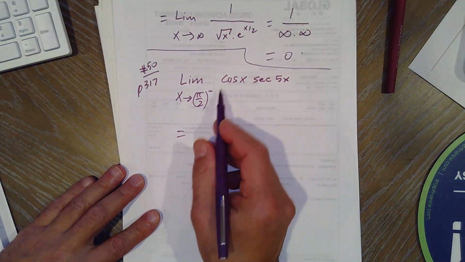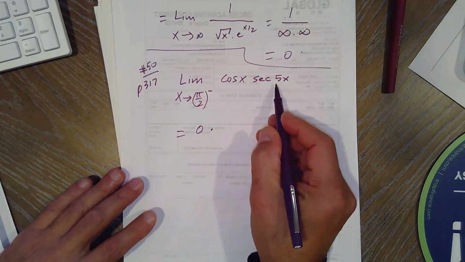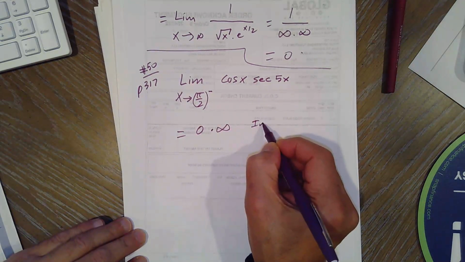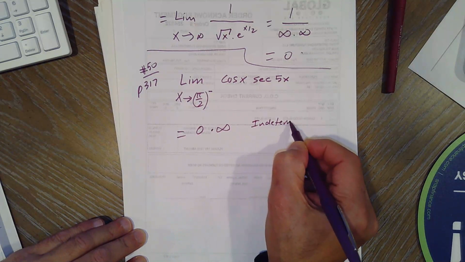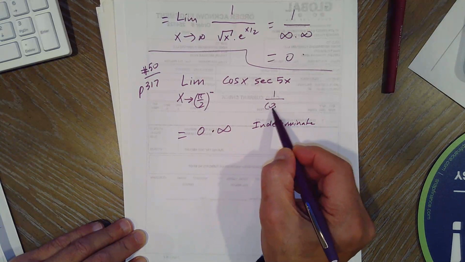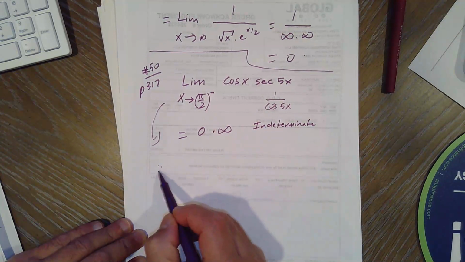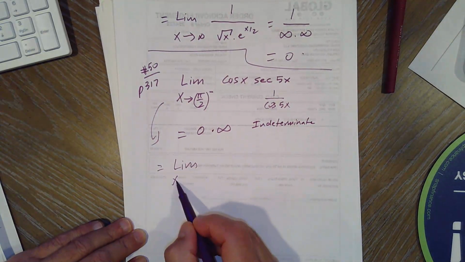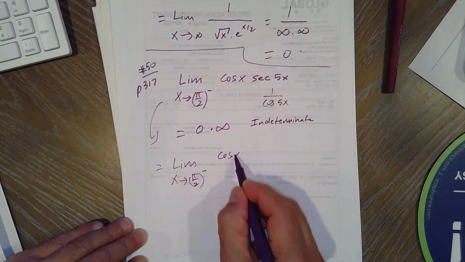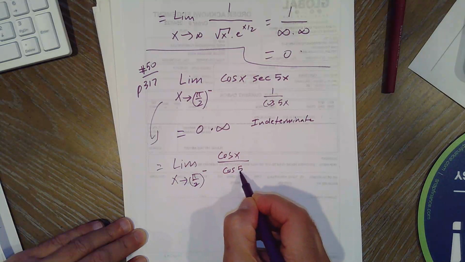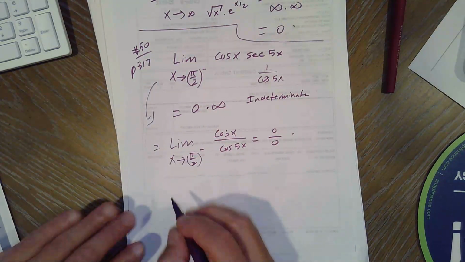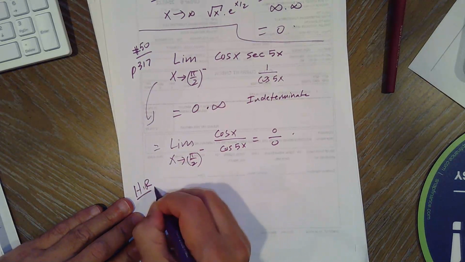So if we put that in, cosine pi over 2 is 0, secant 5 pi over 2 is infinity, so it's indeterminate. So to fix it, we're going to change secant into 1 over cosine 5x before we can use L'Hopital's rule, because we can only use L'Hopital's rule if it was a quotient. So it's cosine x over cosine 5x, and you can see now it's 0 over 0. So we can do the derivative using L'Hopital's rule.